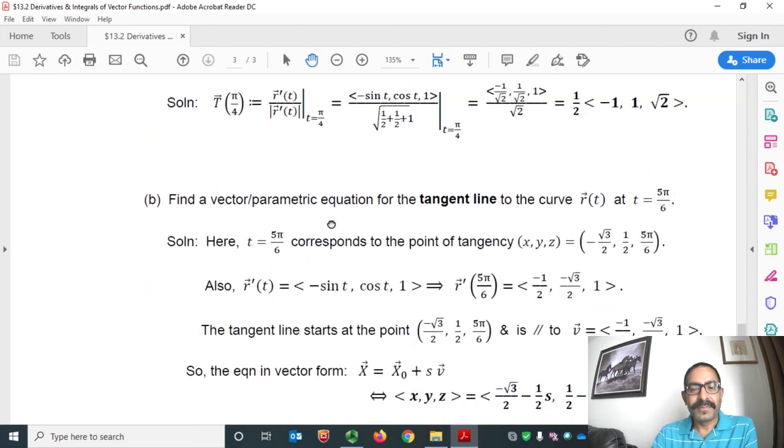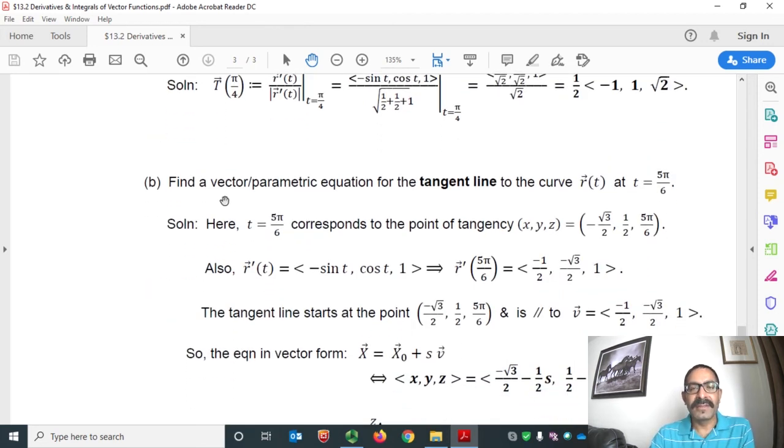Part B. Find vector equations or parametric equations for the tangent line to the curve at t equals 5 pi over 6. Awesome. So here we are finding the equation of the tangent line. For the equation of a line, we need two pieces of information: one is a point, one is a parallel vector.